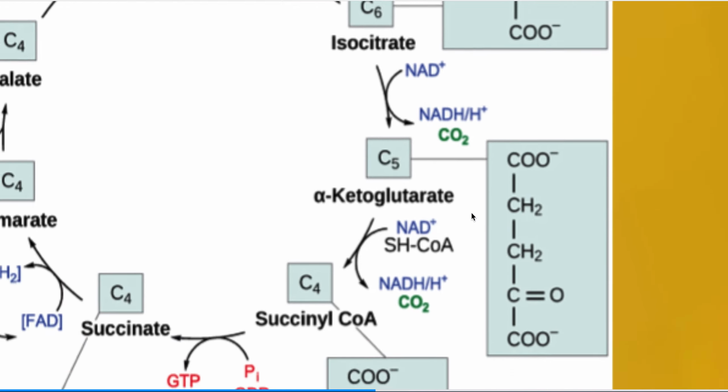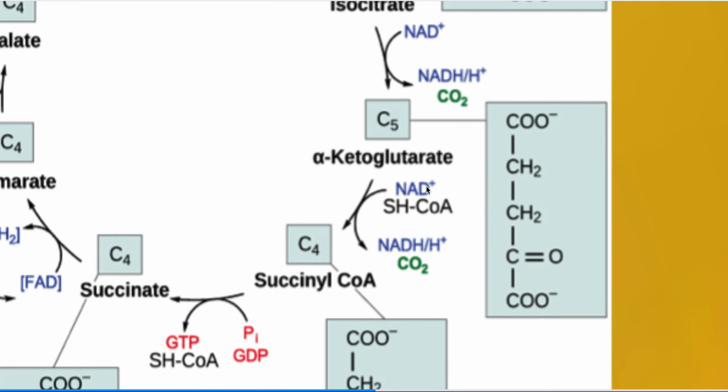And then in the next step, look what happens again. We're going to harvest another pair of electrons, and we're going to get rid of a carbon dioxide. So now we've lost as many carbons as we put into this cycle. So now we have a 4-carbon compound that we're going to regenerate or change back into oxaloacetate.